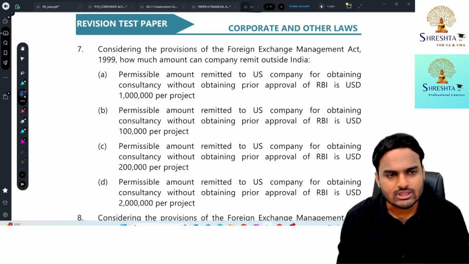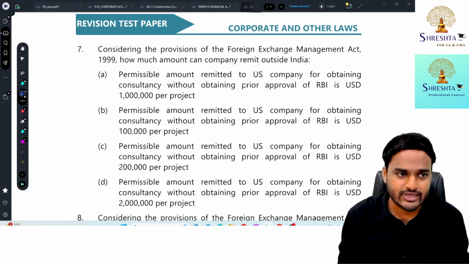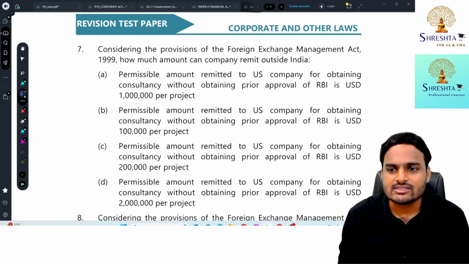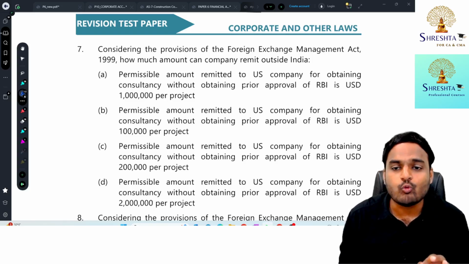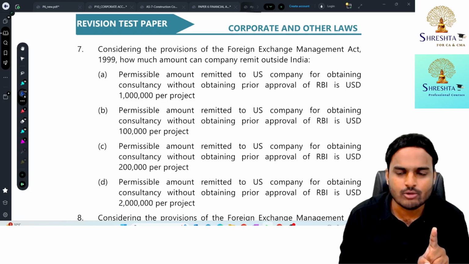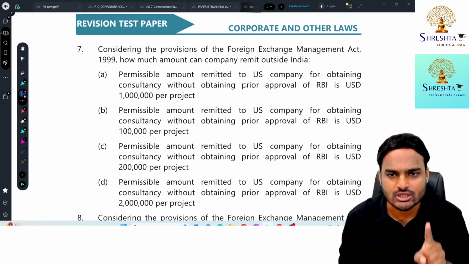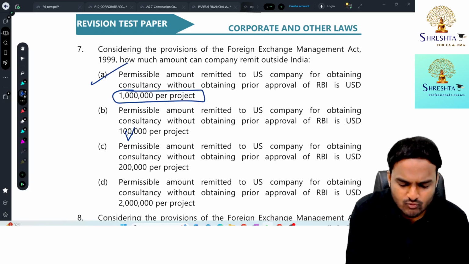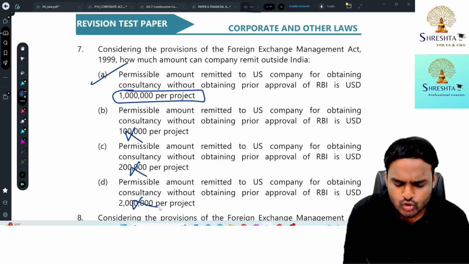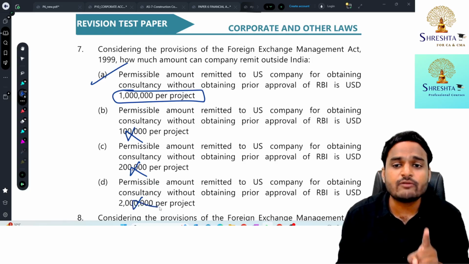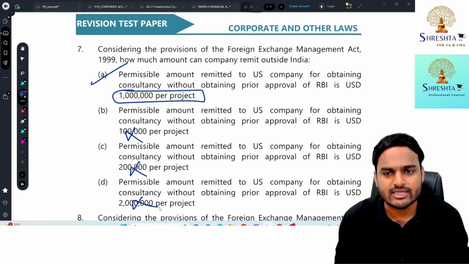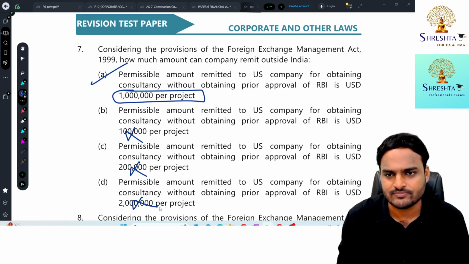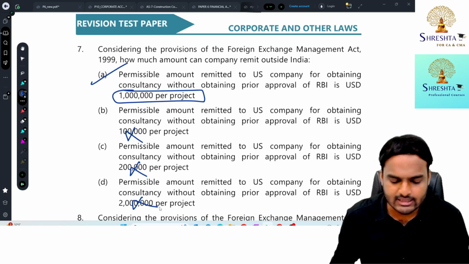In that case, without approval of RBI, you can remit up to 1 million per project. So the correct option is option A. It's not 1 lakh, it's not 2 lakhs, it's not 2 million. In case of infra projects, the limit is 10 million USD. Clear? So option A is the correct answer.